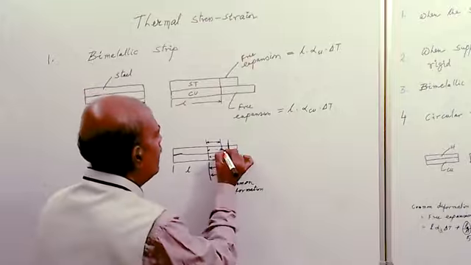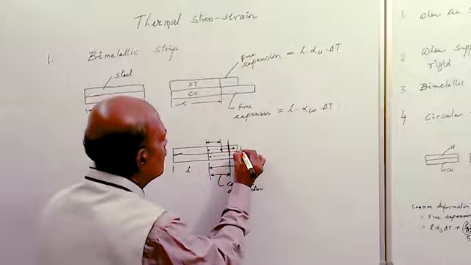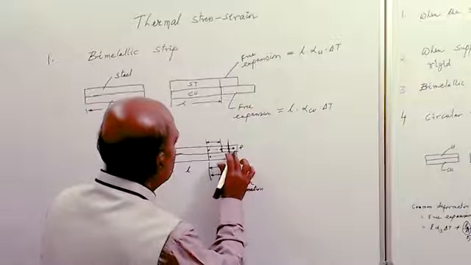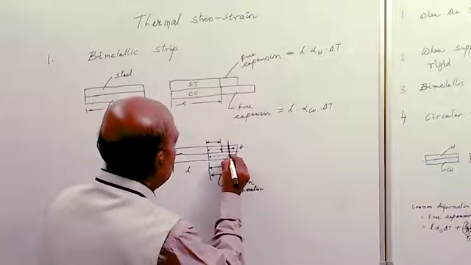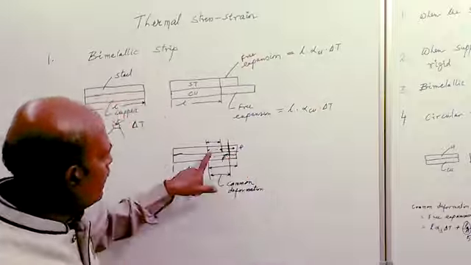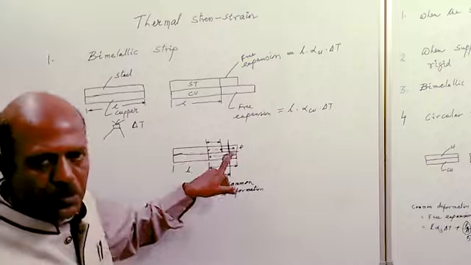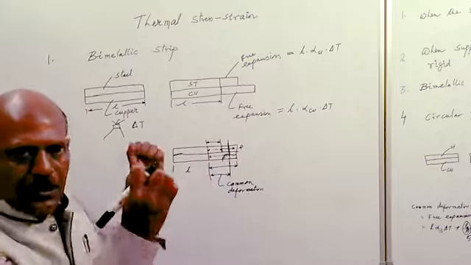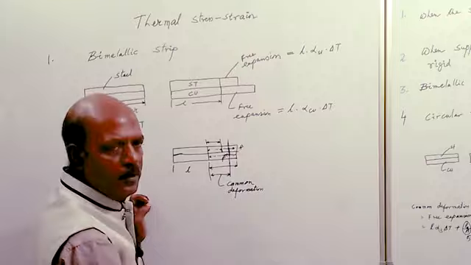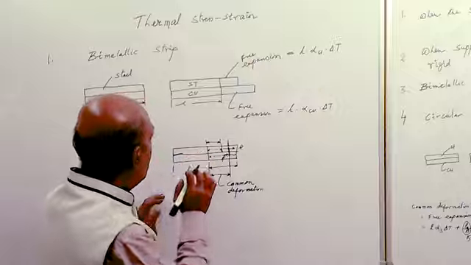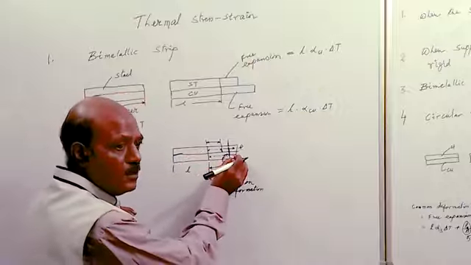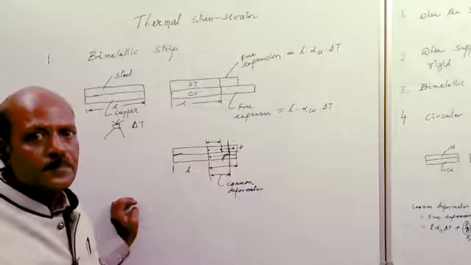Say P is the force developed in the steel bar, and the same amount of force is developed in the copper bar. P is tensile for the steel bar, so the steel bar is extended by this extra amount, and P applied on the copper bar is compressive in nature, so it will compress by this amount.